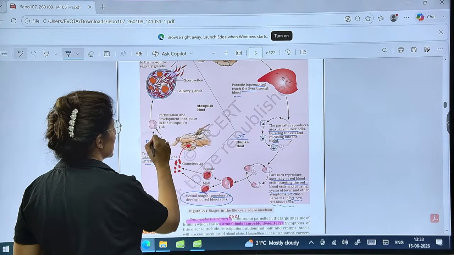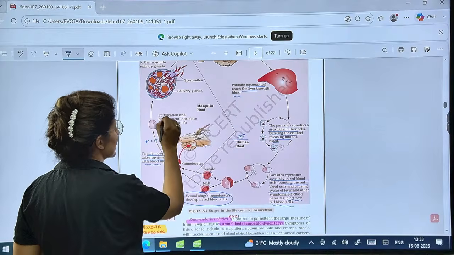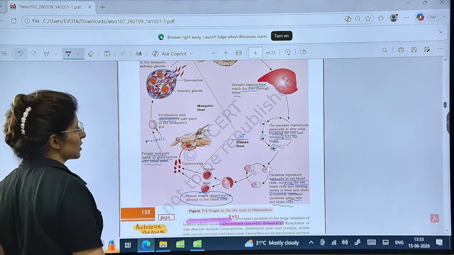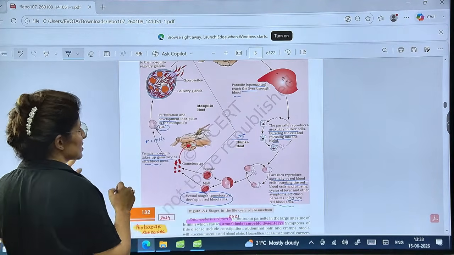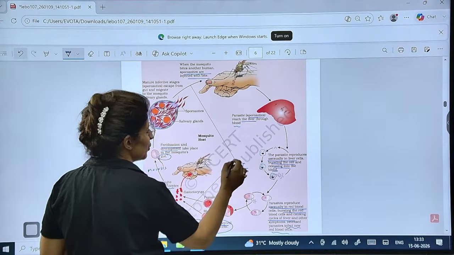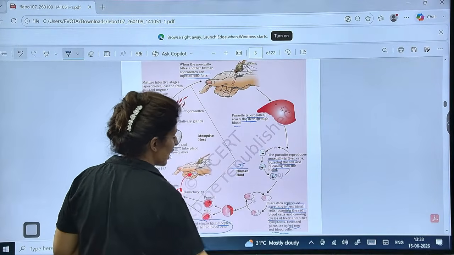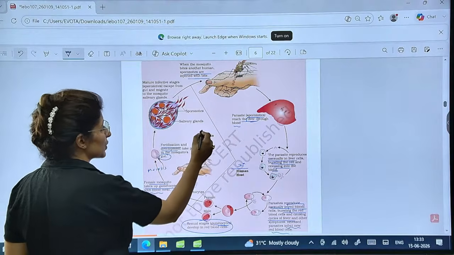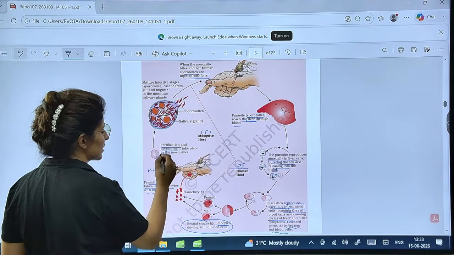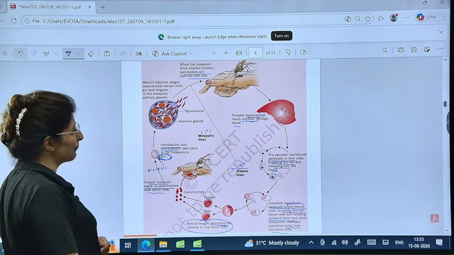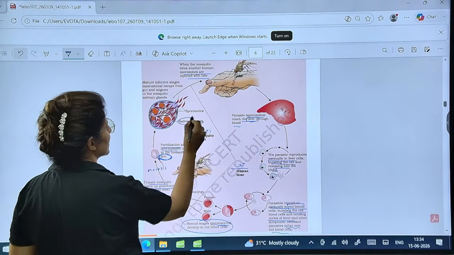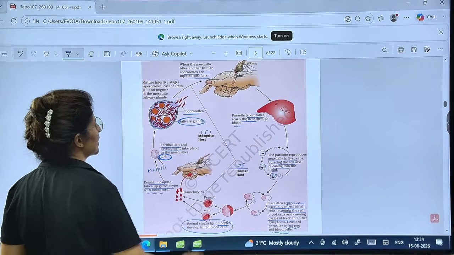So meiosis will occur and will form gametes, and they will undergo fertilization. Where? In the gut region. So in human, it is partially present in liver and otherwise present in RBCs. While in mosquito, which is the primary host, it occurs in the gut region. Is that clear? And later on in the salivary glands, these sporozoites are stored.